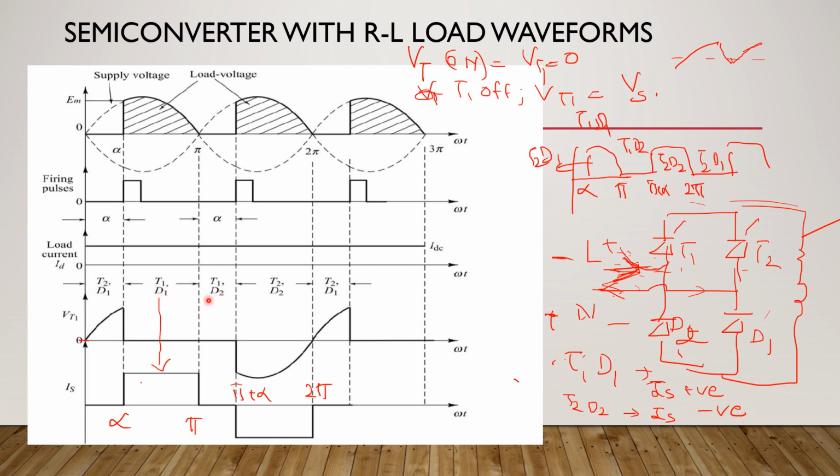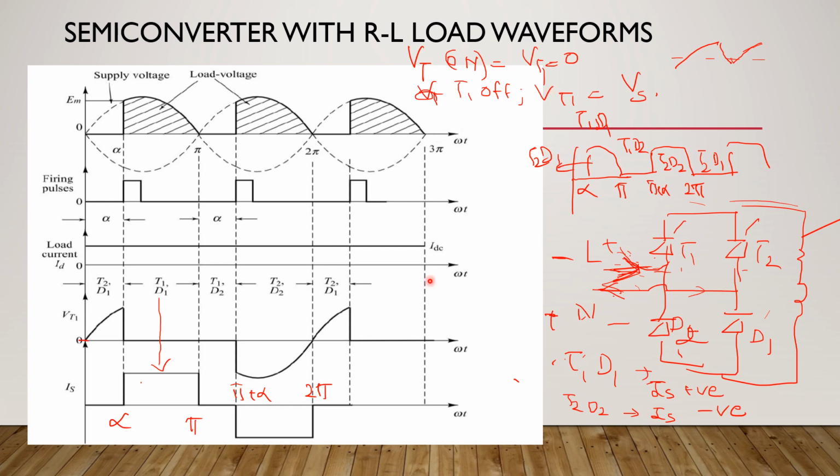Just see the instance at which the thyristor is conducting. When the thyristor is conducting, its voltage drop is equal to 0, assuming that it is an ideal device and it works like a short. Actually, there will be a practical drop corresponding to the device. But if you are assuming it is ideal, then the voltage across the thyristor is 0. Right?